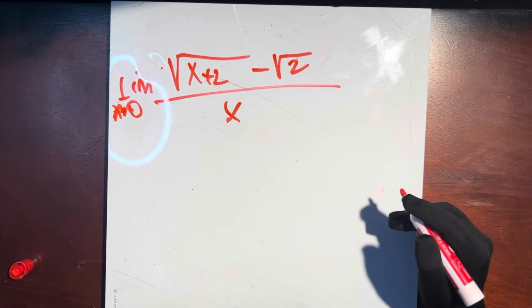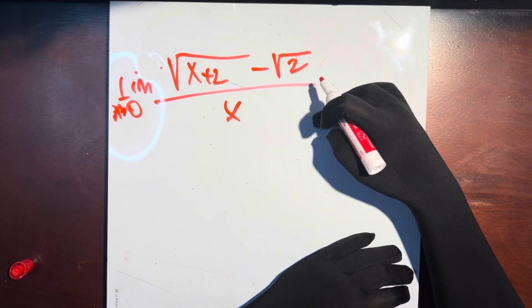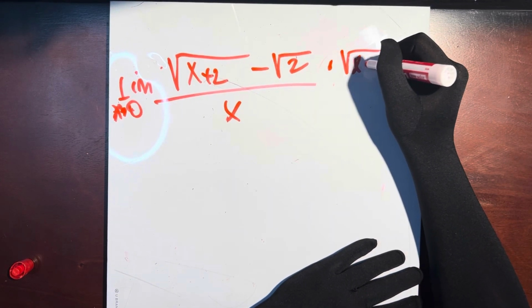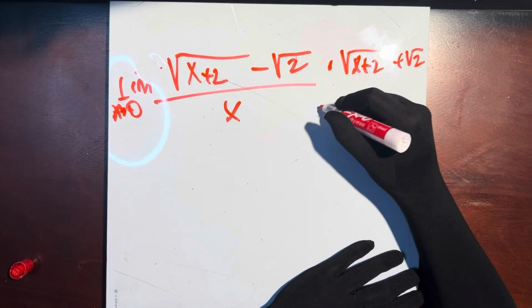If you plug that in, it's not going to work because x is just going to be 0, so let's try a different method. Take the conjugate of the top one and multiply both of them by it: the square root of x plus 2 plus the square root of 2 on both of them.